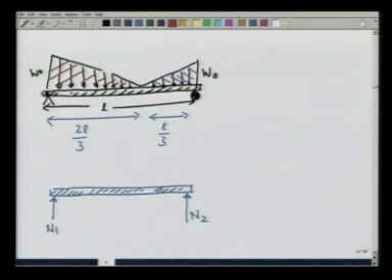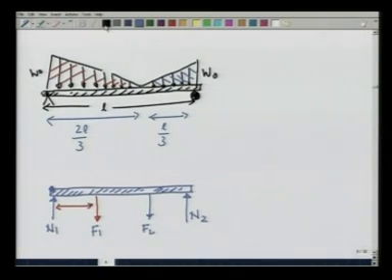I will take the triangle on the left acting like this at a distance which we are to calculate, and similarly the triangle to the right also applies a load. Let us call these F1 and F2 at a distance from this point.